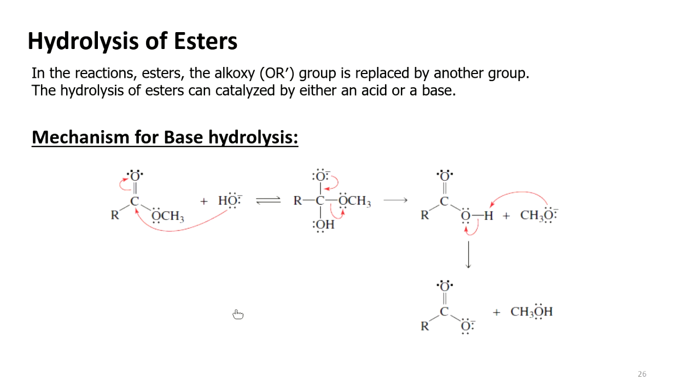So it's essentially the same mechanism. All of them are essentially the same mechanism. A nucleophile comes in, we have addition, and then elimination to give us our product where we have reformed our carbon-oxygen bond. Same mechanism, just changing what the nucleophile is.